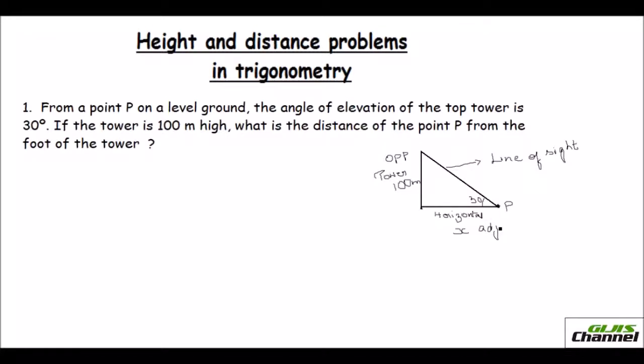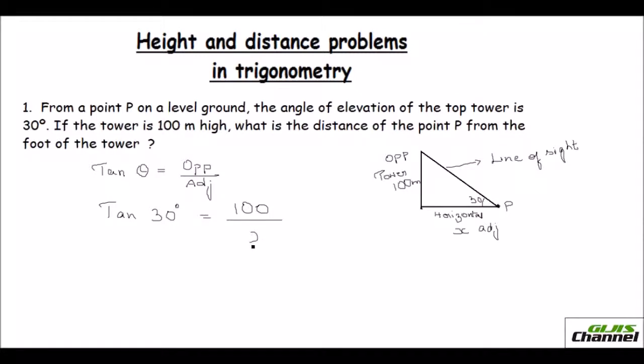So which ratio do we use for opposite and adjacent? That's tan, okay? So we have to use the ratio for tan here. Tan theta is equal to opposite over adjacent, right? Let's apply that here. So here theta is 30 degrees. So tan 30 degrees is equal to opposite, which we know is 100, over the adjacent side, which is what you're going to find out.